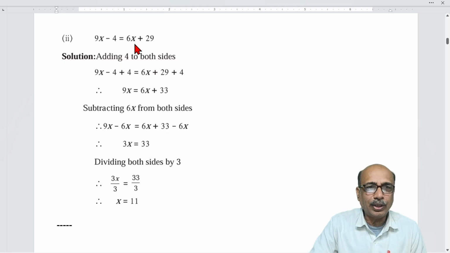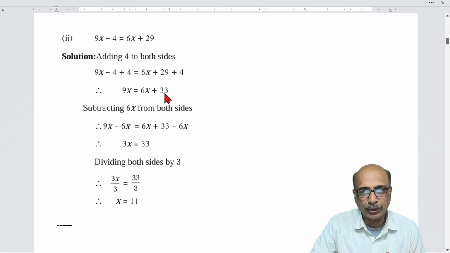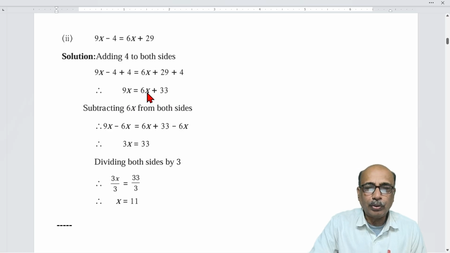Next, 9x minus 4 equals 6x plus 29. Adding 4 to both the sides, we will get 9x minus 4 plus 4. This will become 9x only, and on the other side 29 plus 4, so 29 plus 4 will become 33, 6x plus 33. Now we have to remove 6x from the right hand side.